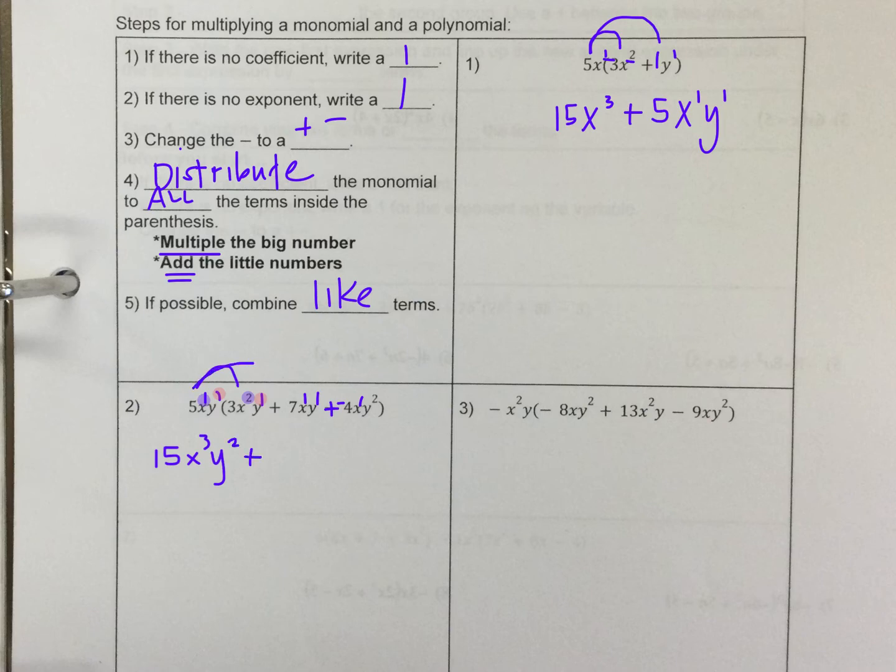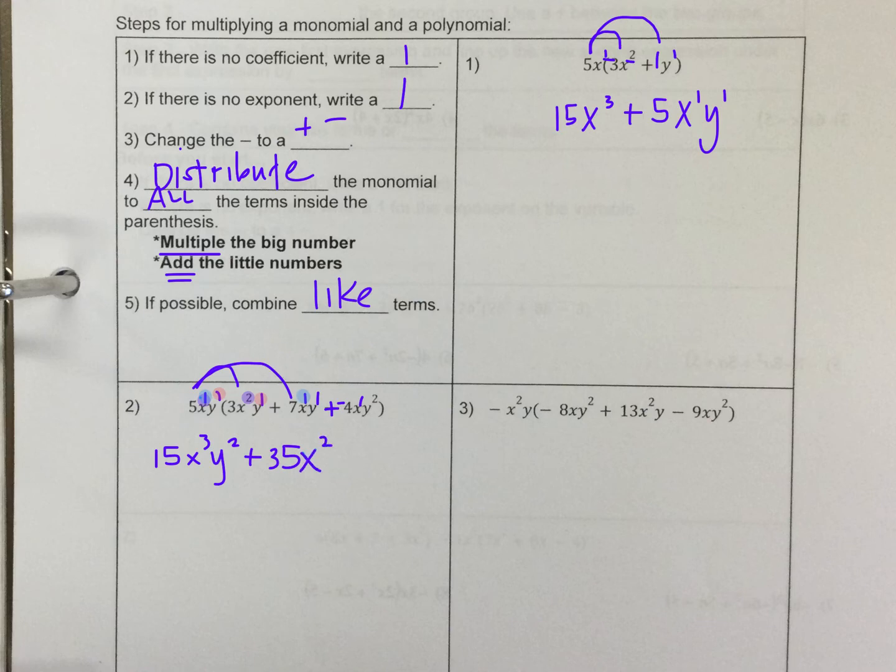Plus, distribute. 5 times 7 is 35. Sorry. I have my x to the 1, x to the 1. That makes 1 plus 1 is 2, so that makes x squared.